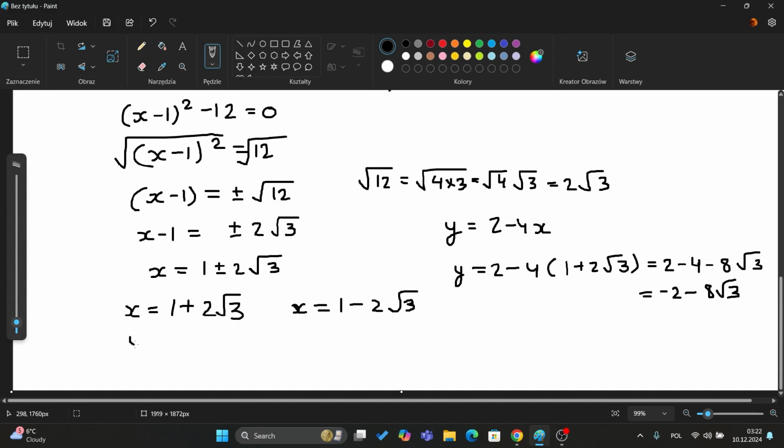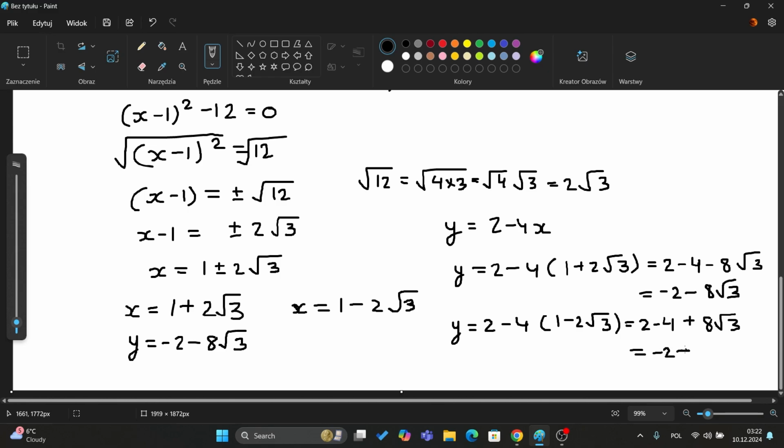So here will be y equals to negative 2 minus 8 root 3. And for the second y, we have 2 minus 4 times (1 minus 2 root 3). So that will be 2 minus 4 plus 8 root 3, so equals to negative 2 plus 8 root 3. And so the other value of y is going to be negative 2 plus 8 root 3.